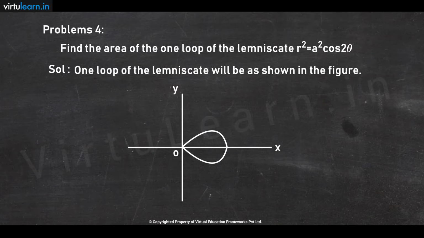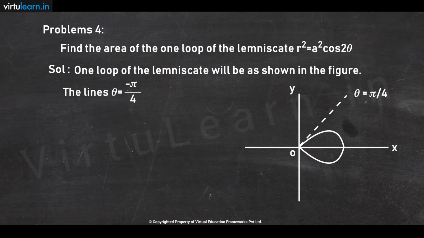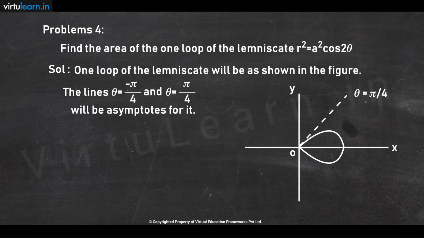Both will be exactly similar to one another, or the area of both the loops will be one and the same. Let us consider the loop shown in the figure lying in the first quadrant and fourth quadrant. Theta is equal to minus pi by 4 and plus pi by 4 will be asymptotes for it.